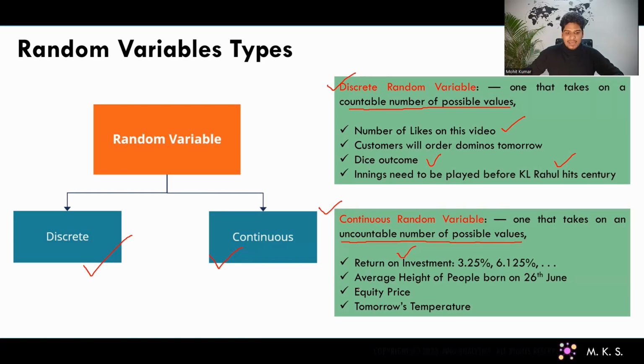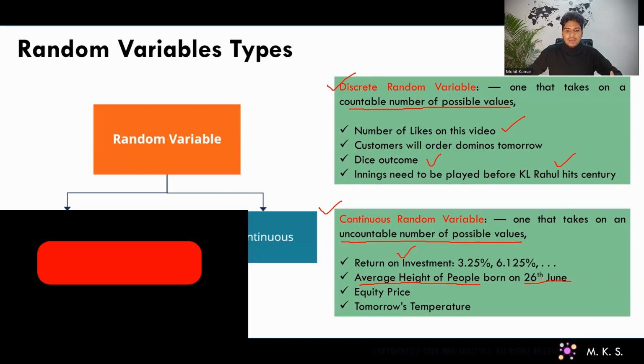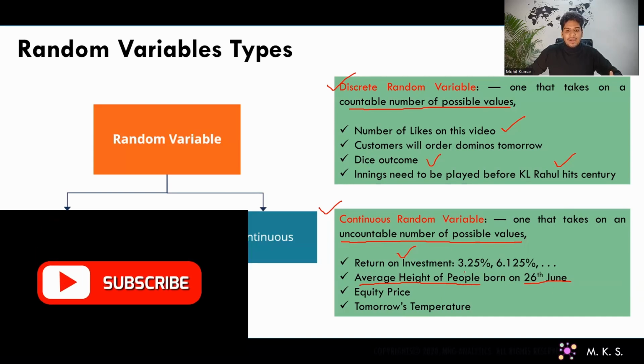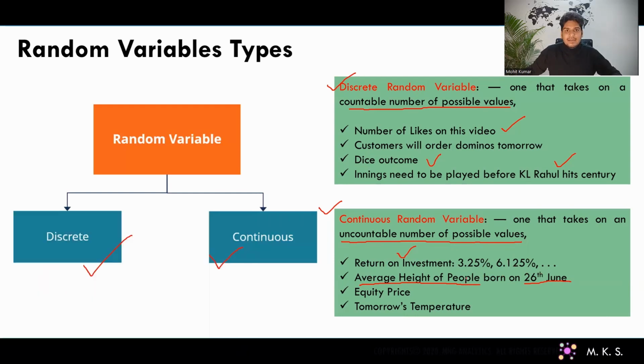So that is why it's a continuous random variable. Average height of a person born on 26 June. It's a statistical experiment. You have to get the population of all the people born on 26th June, and then take the average of their heights, right? But that number can be a decimal, so that's why it's a continuous random variable.